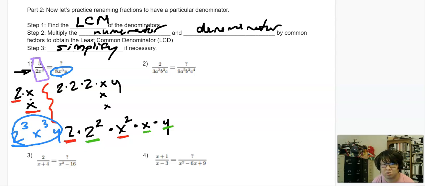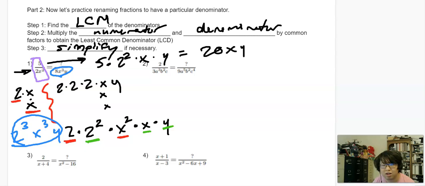So it's 2 squared x and y. I'll go change back to black here. I'll take my 5 out here and multiply it by 2 squared x and y. And what you'll end up with after you do that multiplication, 5 times 4, that's 20, and then I've got x, y. So this is what goes in the blank right here.